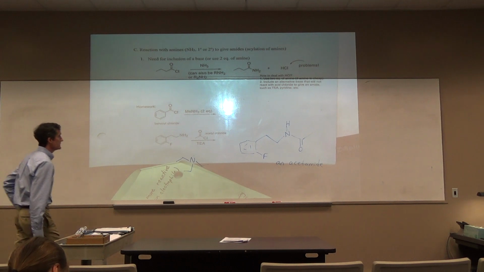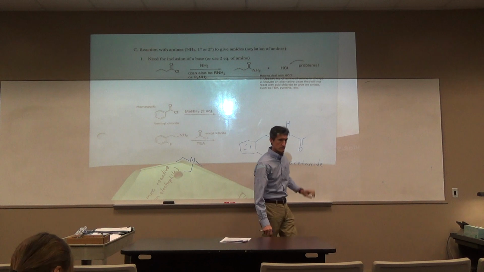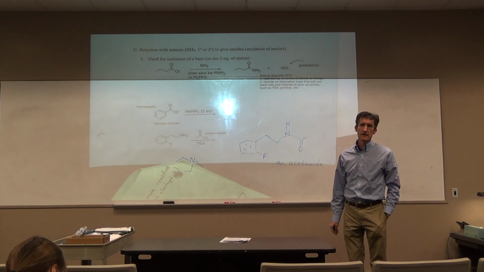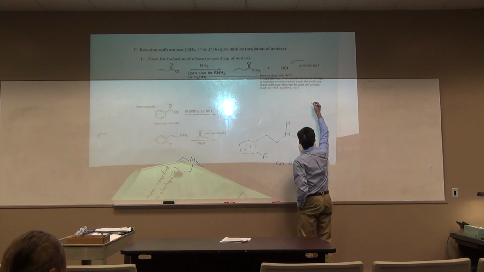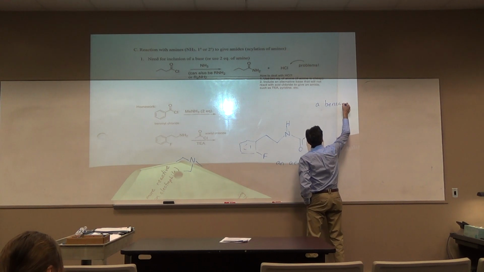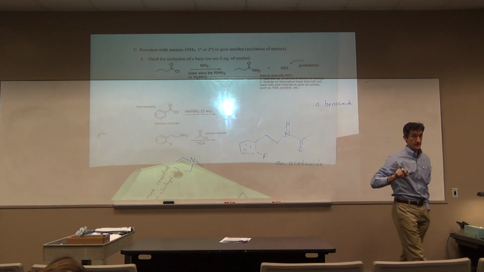What type of amide did we make above here? We used benzoyl chloride. What type of amide did we make? I'll write it up here. The one we made up there was a benzamide.